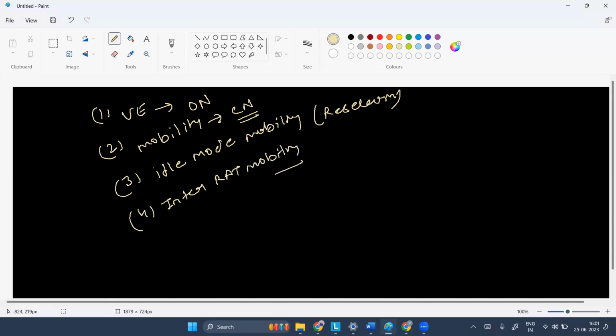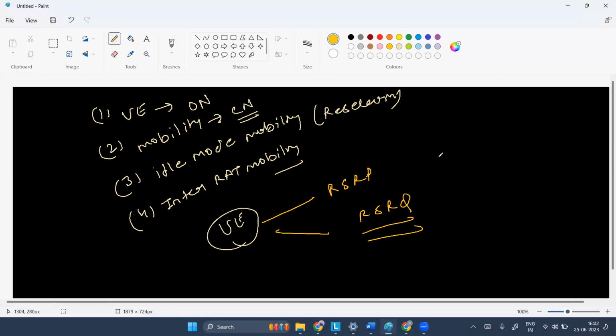So these are some scenarios where the UE uses the NR synchronization signal and PBCH to derive the necessary information required to access the cell, right? And one other aspect of the synchronization signal is that it can also be used by the UE for measurement of RSRP and RSRQ.